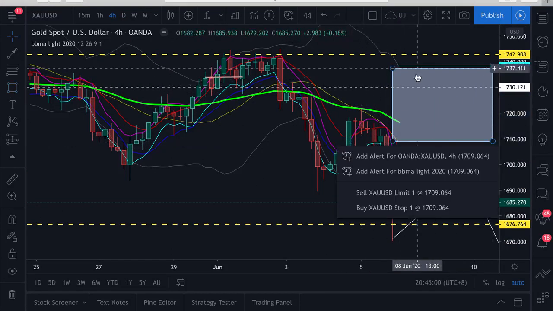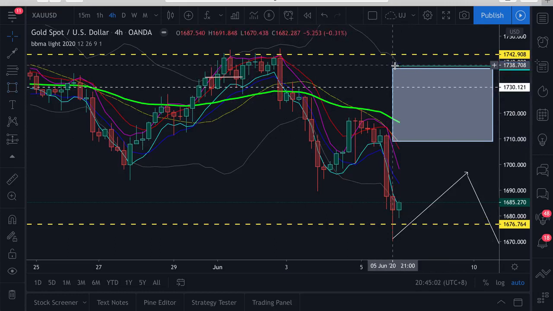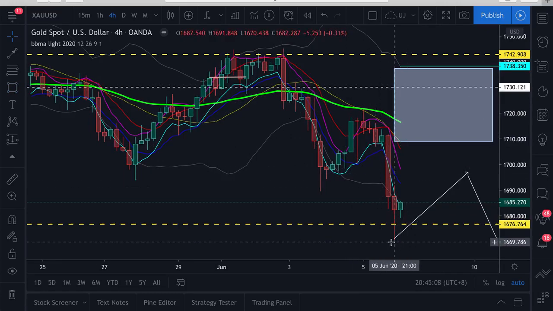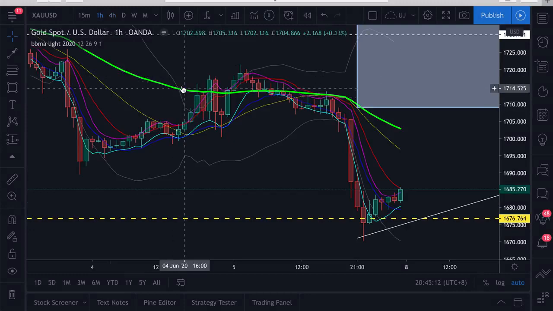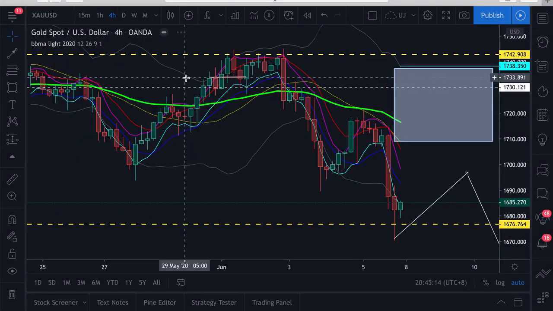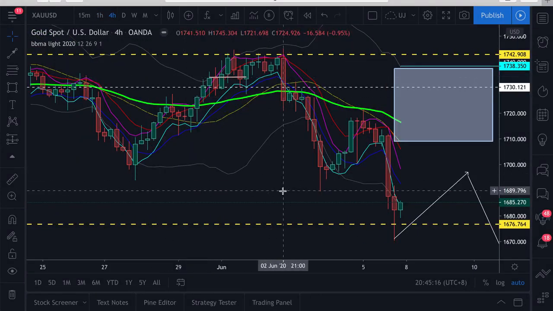Okay, and we set our stop loss above the top BB, and we target to go to the previous low here. So that is our entry for gold. It's an instant sell. Okay, so these are the 7 pairs that we analyzed for this week.